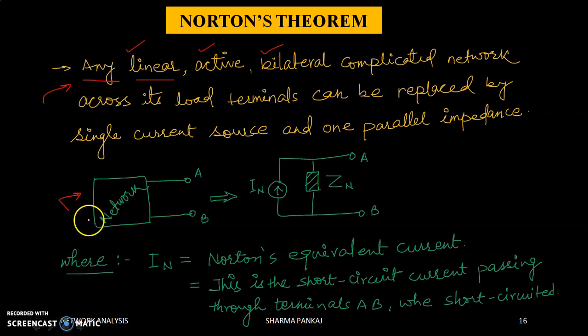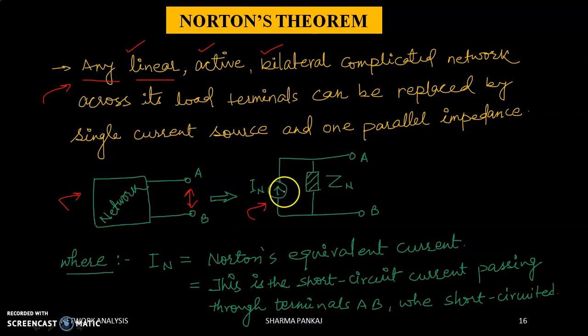So, this is a network, any linear, active, bilateral, complicated network, and across its load terminals, where are the load terminals? This is your load terminals AB. It can be replaced by a single current source. This is your single current source IN, and one parallel impedance.